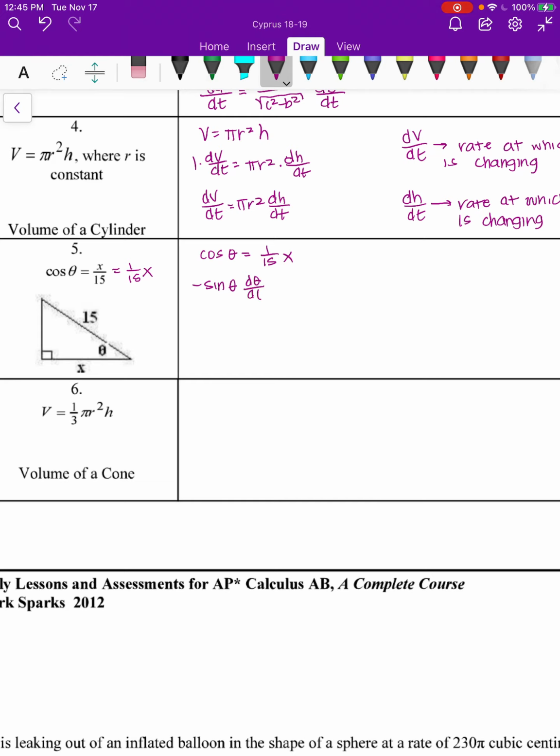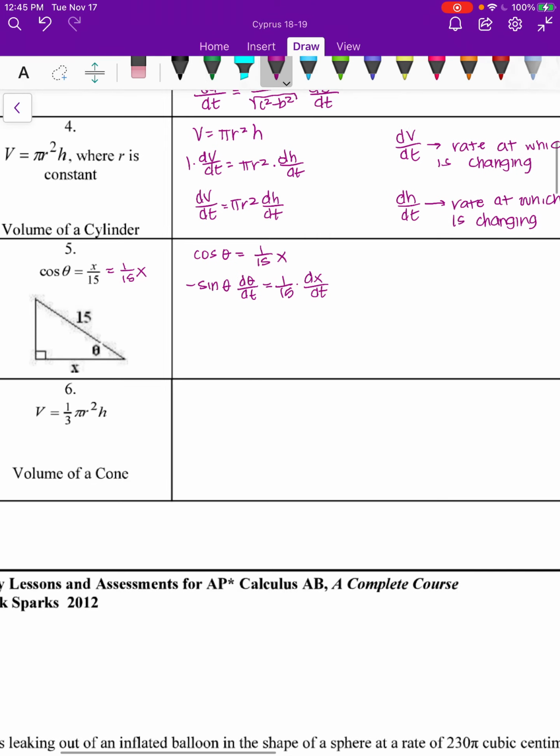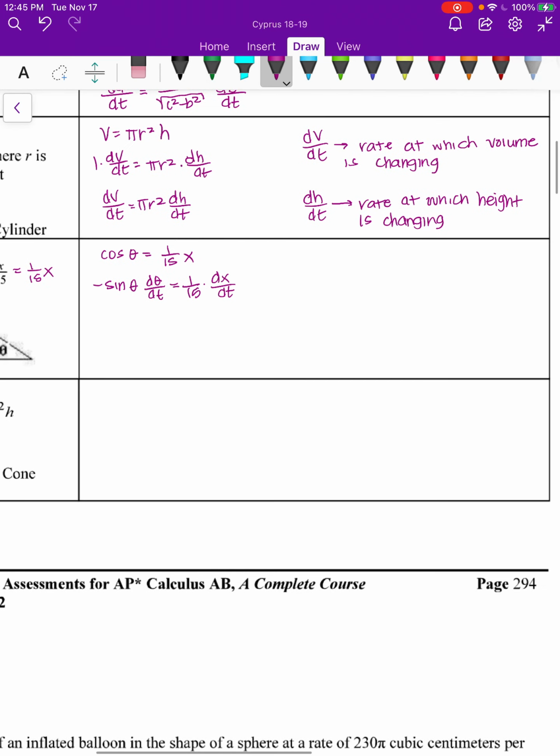So I still need to multiply by the derivative of theta, which is d theta dt. Okay. And then the derivative of 1/15x is 1/15. And then multiply by the derivative of x, dx dt. And really that's it for that one.